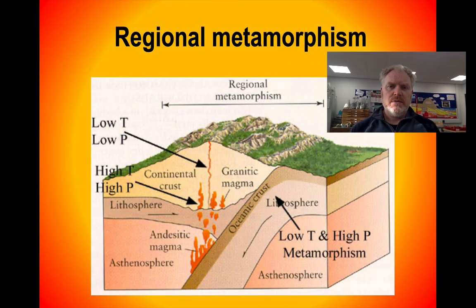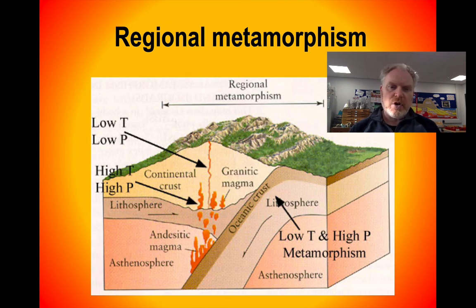Regional metamorphism, then, is controlled really by its position within the crust. And we can find different types of metamorphism depending on, firstly, how deeply the rock is buried. So, for example, if we have rock deposited to a relatively shallow depth, maybe 3, 4, 5 kilometers down, we'll have relatively low temperatures and relatively low pressures for metamorphism.